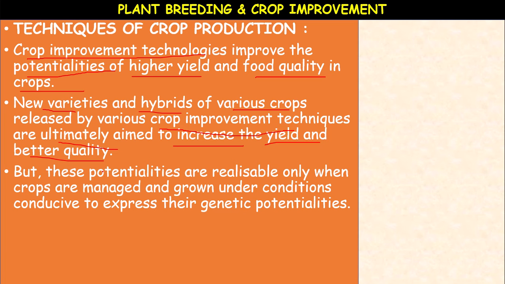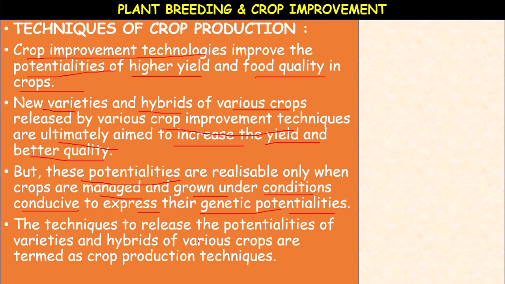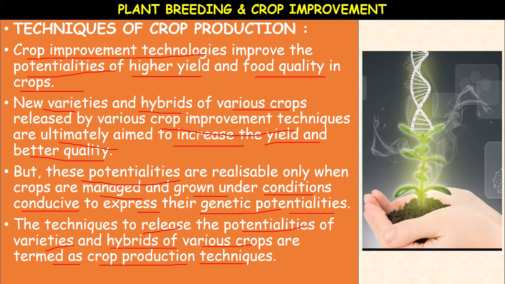But these potentialities are realizable only when the crops are managed and grown under conditions conducive to express their genetic potentialities. The techniques to release the potentialities of varieties and hybrids of various crops are termed as crop production techniques.